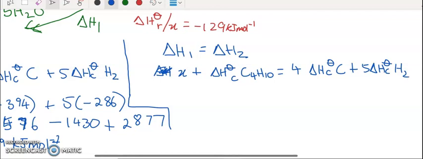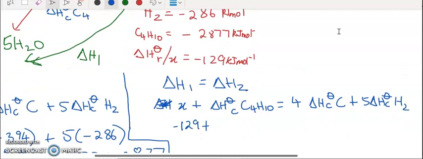We know that this is negative 129. We know what butane is. Butane is negative 2008. But we don't know what carbon is. So this is going to be our X now.